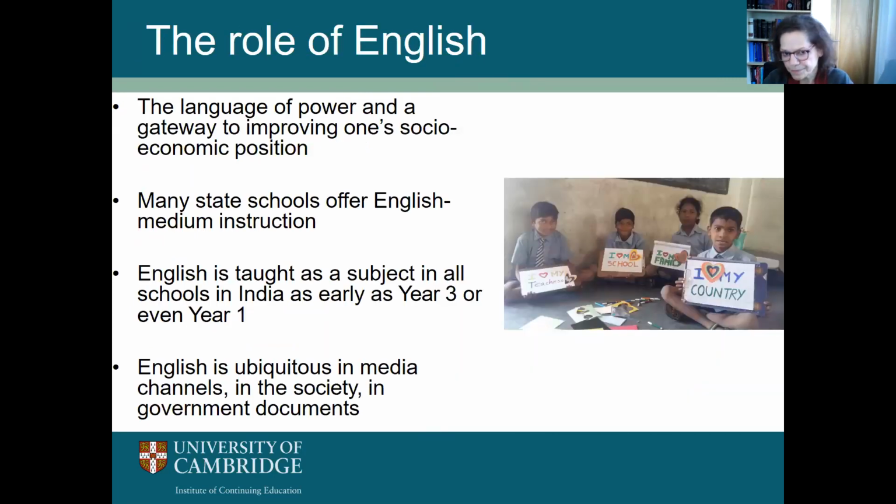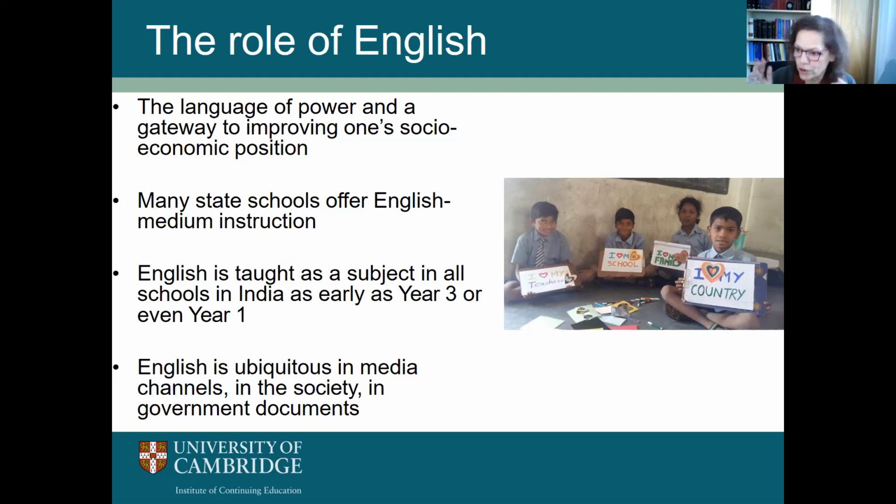Now, the role of English in India, as you probably know, is very controversial, but primarily the role it has is that it's a language of power, and it's a way in which somebody can improve their socioeconomic position.